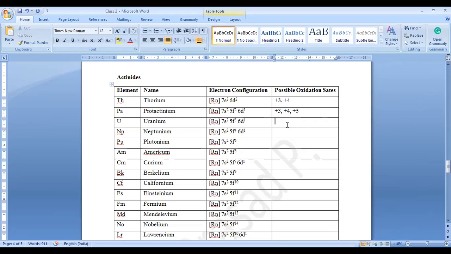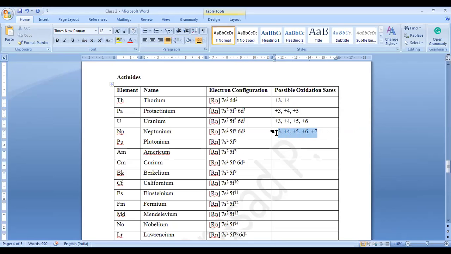Then it becomes plus 3, plus 4, plus 5, and plus 6. Plus 6 is also possible. In the case of the next one, one more oxidation state is possible, and plus 7 is also possible.